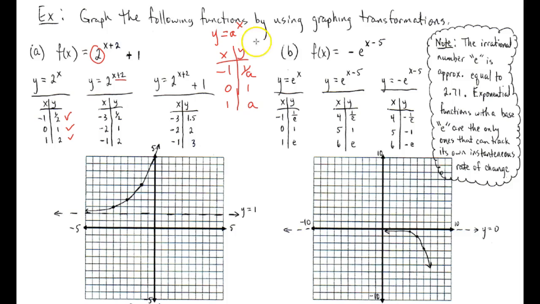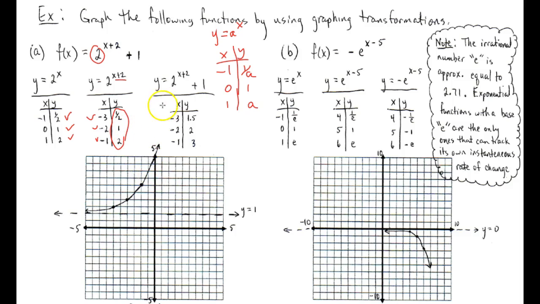In terms of x values, that means we are subtracting 2 from all of our x values, and keeping our y values the same. So -1 minus 2 is -3, 0 minus 2 is -2, and 1 minus 2 is -1. So the x values change while the y values stay the same.